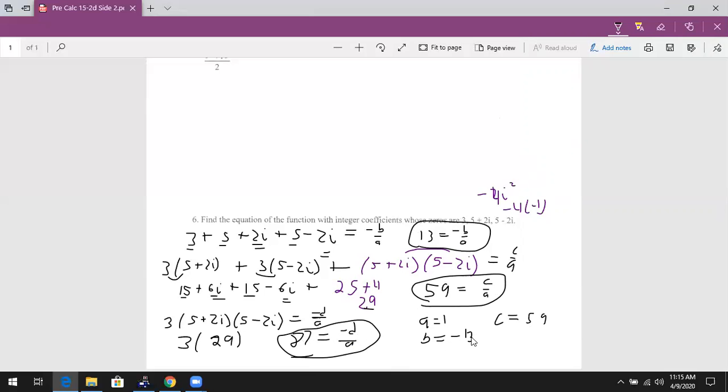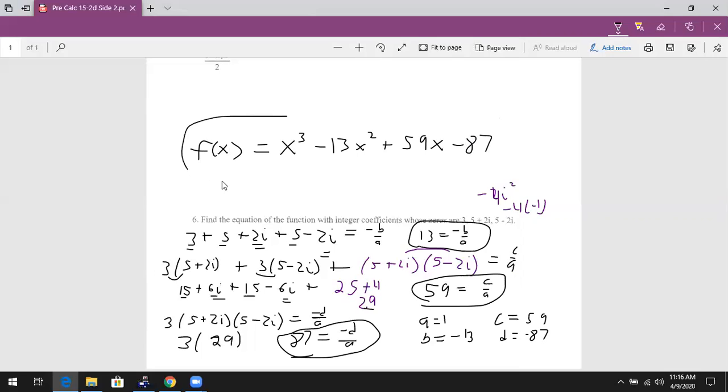And a negative d is 87, so d is negative 87. So our function f of x is a, or 1, x cubed minus 13x squared plus 59x minus 87. And there you have it.